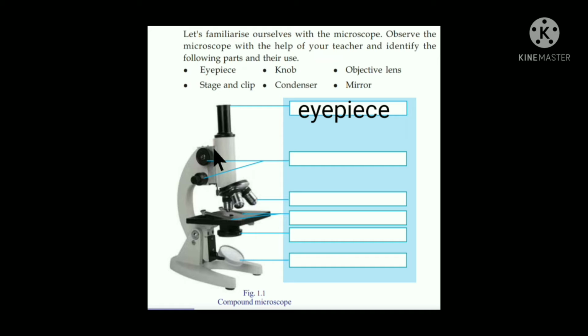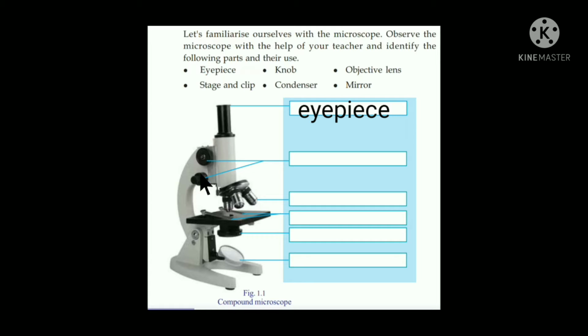So next one you can see here, this is coarse adjustment and this one is fine adjustment. These two adjustments are fixed on this part. When we are rotating the coarse and fine adjustments, the body tube can move up and down to get a clear vision.